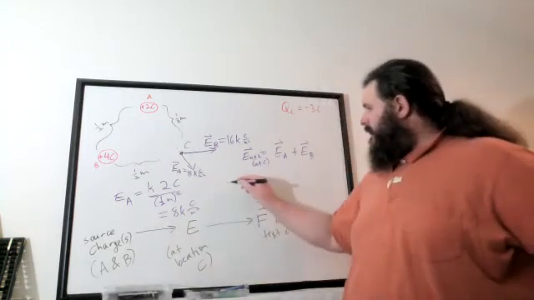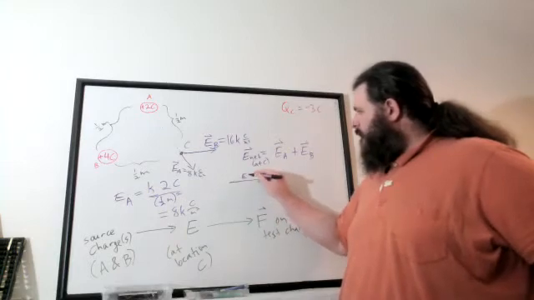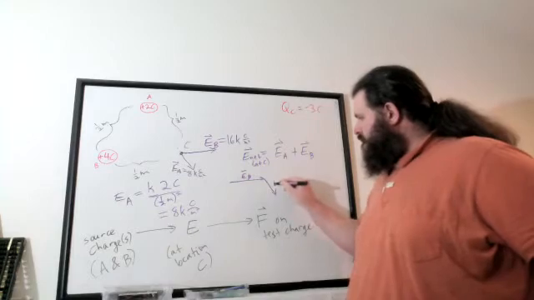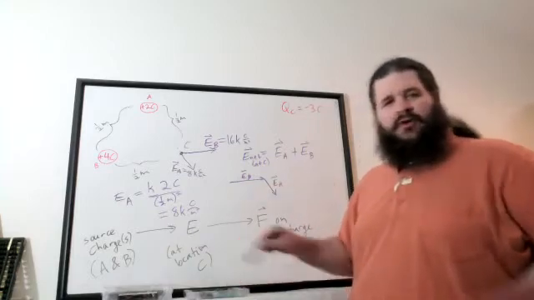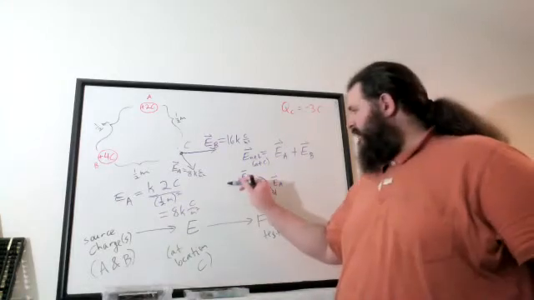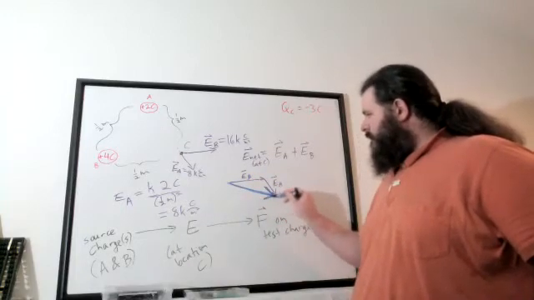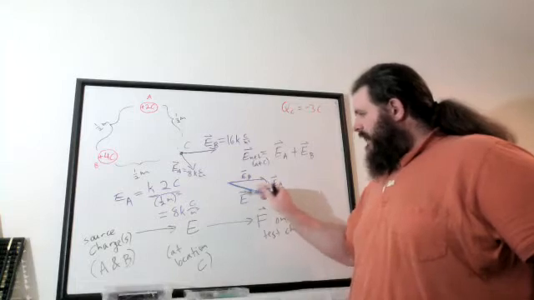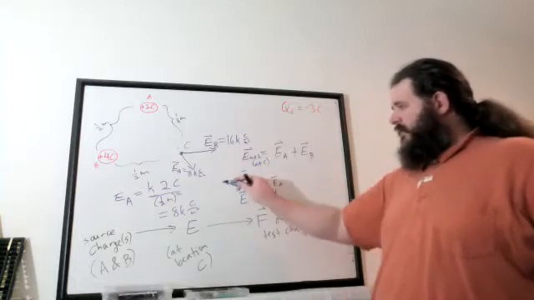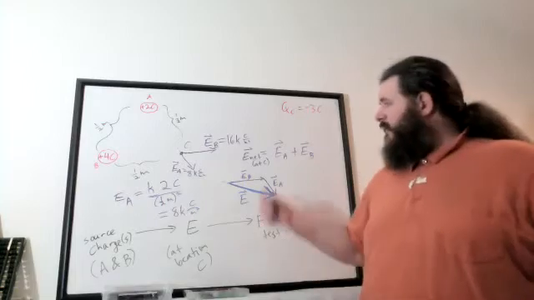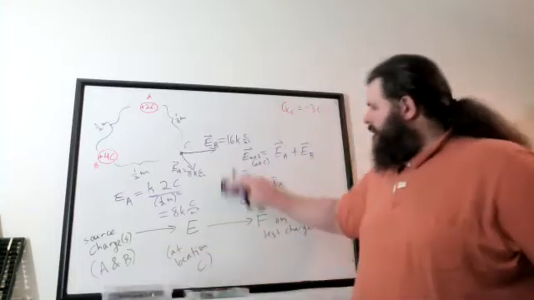We've got EB plus EA. So the actual total electric field, we should expect that to be something like this. The actual electric field at location C is going to look like this vector here, but we can be more specific numerically by splitting them into components.